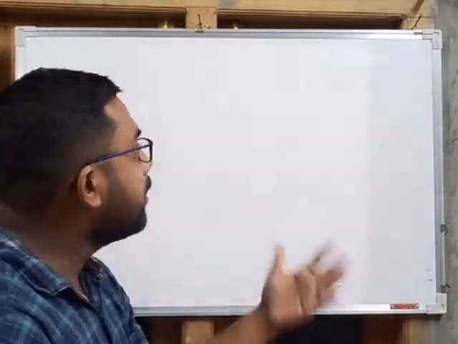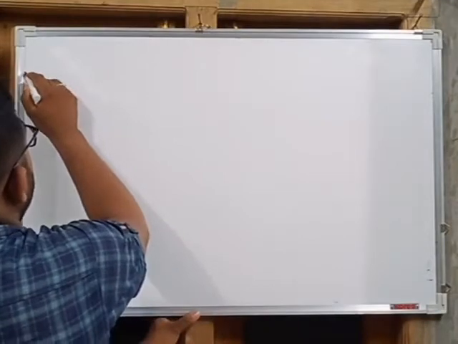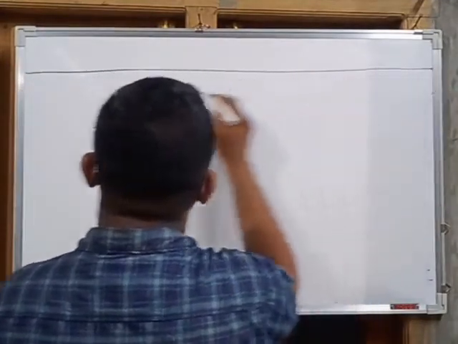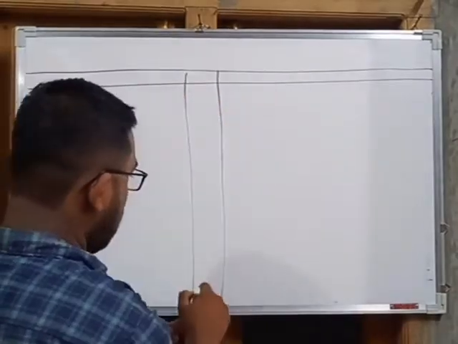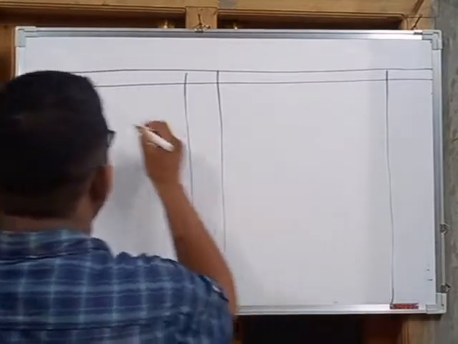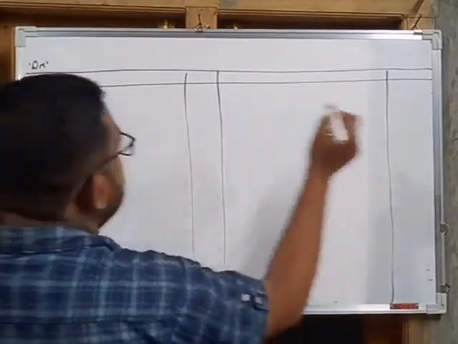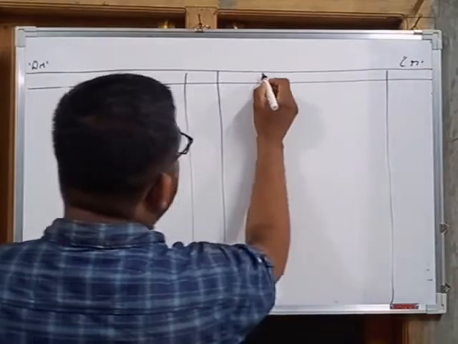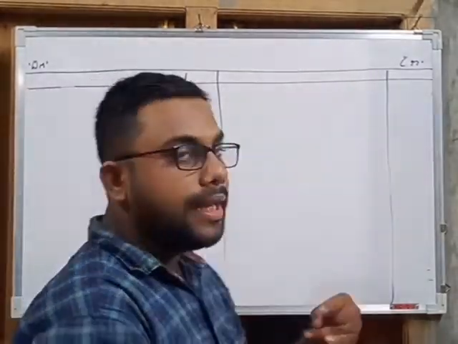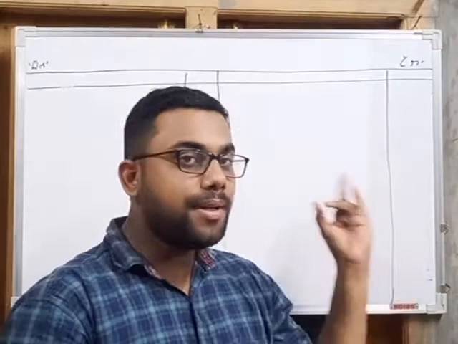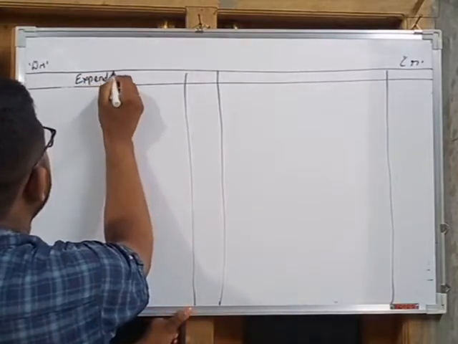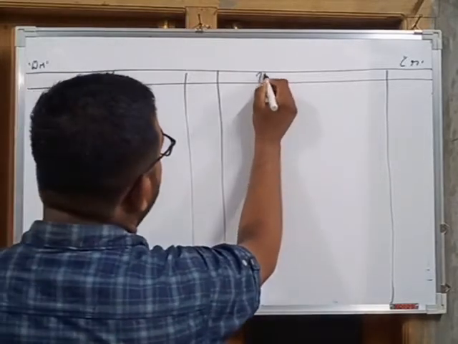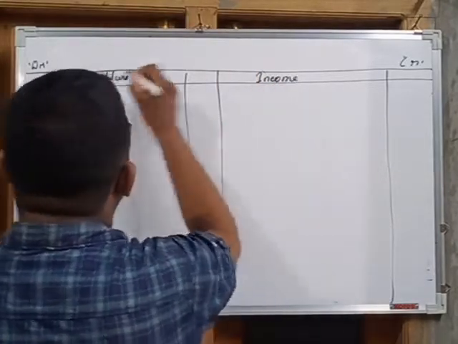Similarly, the income and expenditure account is drawn like the receipts and payment account, that is, with 2 sides: debit and credit. What is the name of the account? Income and expenditure account. But expenditure comes first, on the left side, then income. Debit, credit.